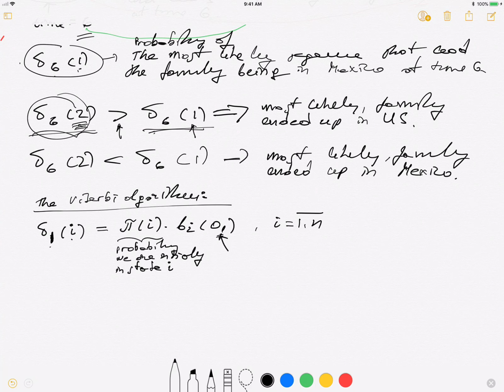We know it is generated. So this is the probability the output 1 is generated if we are in state I. So this would be equal to the most likely probability that the symbol O1 is generated if we ended up after the first round in the state I. So this is basically the initialization of the algorithm.